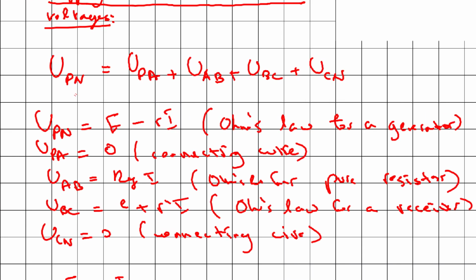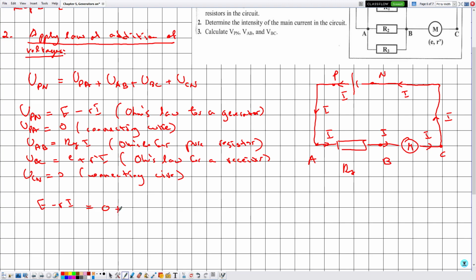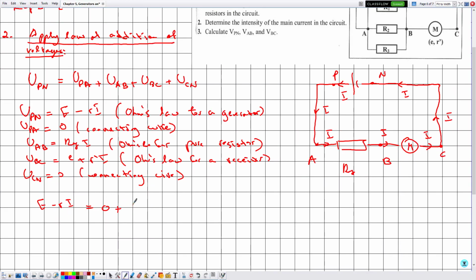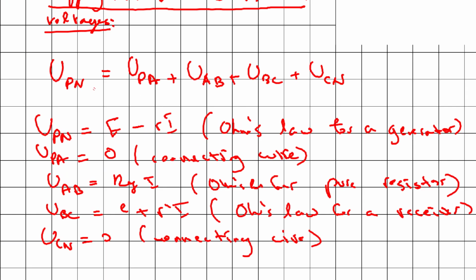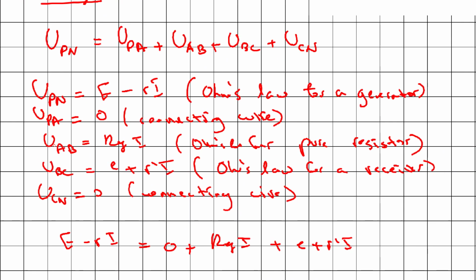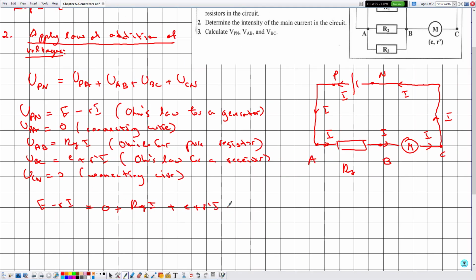Instead of UPA, we replace 0. Instead of UAB, we replace R equivalent multiplied by I. Instead of UBC, I will replace E plus R prime multiplied by I, and instead of UCN, we replace 0.